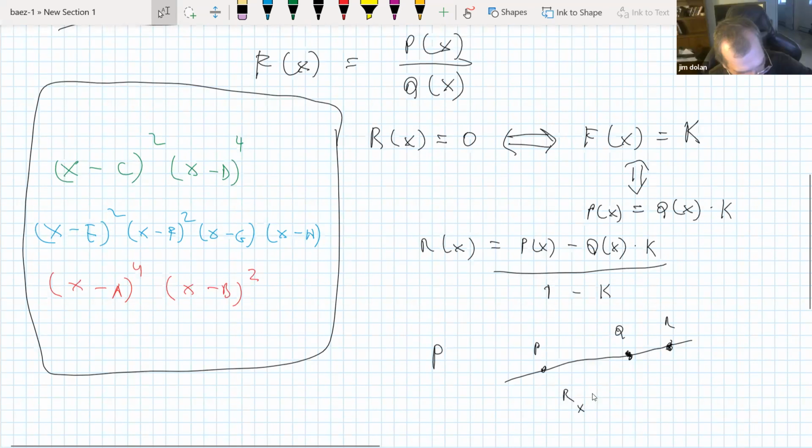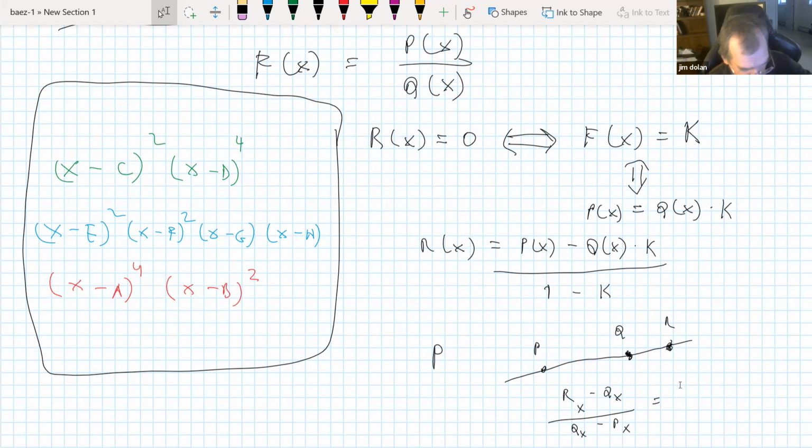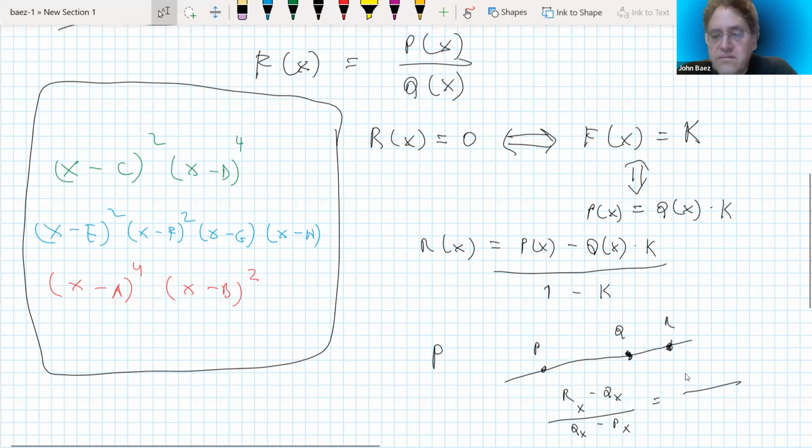Yeah, RX minus QX over QX minus PX is the same as with Y: RY minus QY over QY minus PY.